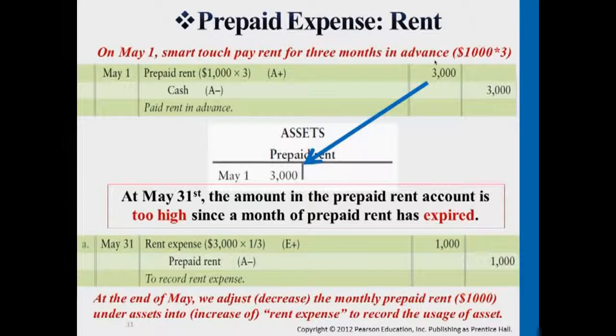Okay, so this example can also work for insurance. The company may be prepaying a certain type of insurance for 3 months. So May 1st, that transaction again will be captured somewhere here in the journal and ledger. When it reaches the end of the month, before we get to monthly financial statements, we want to do an adjusting entry here, turning prepaid insurance into insurance expense for $1,000.